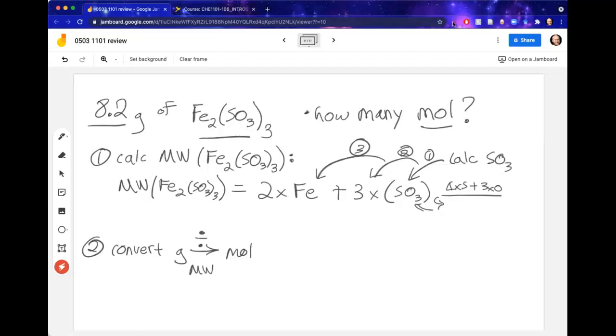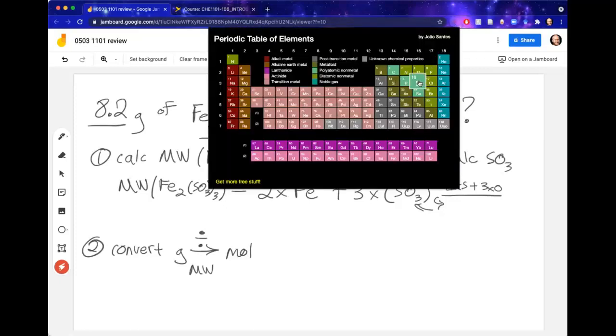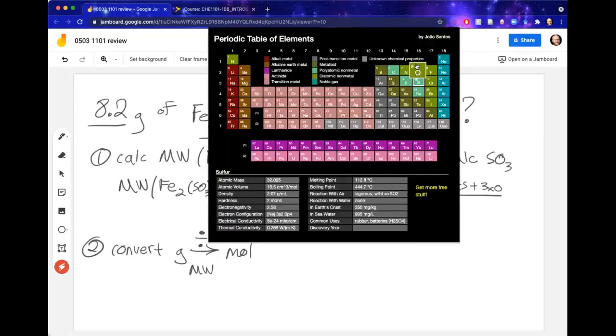Let's get sulfur in here. 32.065 plus 3 times the oxygen value, 80.0632 grams per mole. All right, then we're going to multiply that by 3. So let's get a value for that, 240 and change.